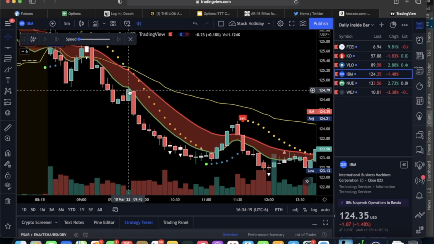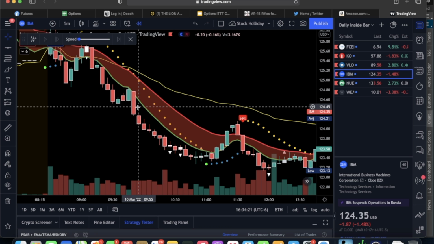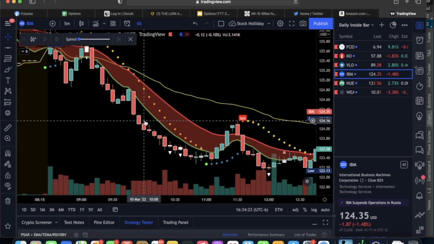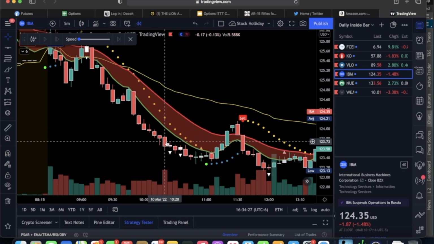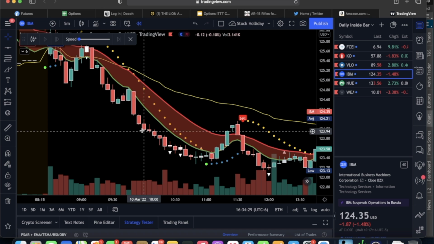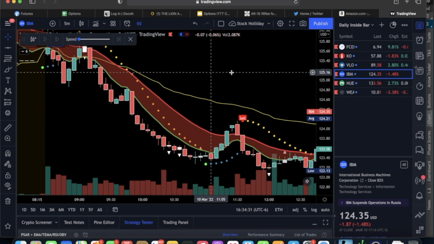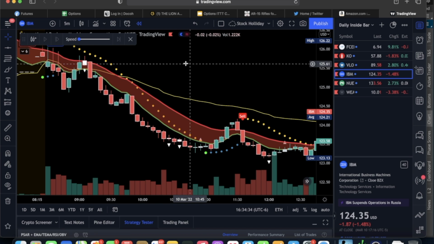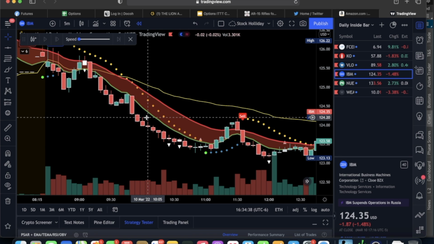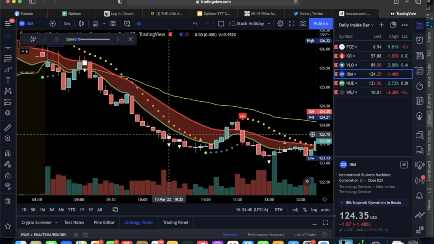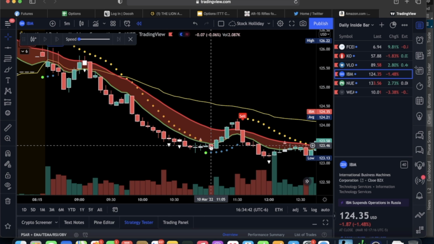And when you are in a play like this and you just see that it's never crossing the 8 EMA, you don't have to be in every play, but you could have been in heavy on this one or on Coca-Cola, because you saw just beautifully how it came back up, it retested, it broke down, and then it just stayed on this side of the 8 EMA for about 3 hours.